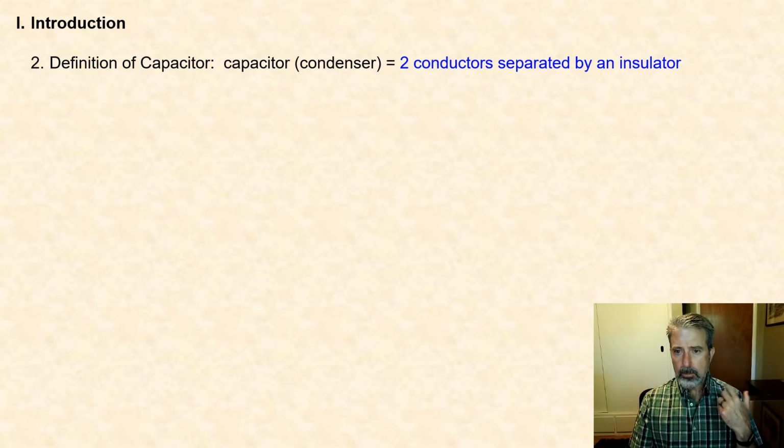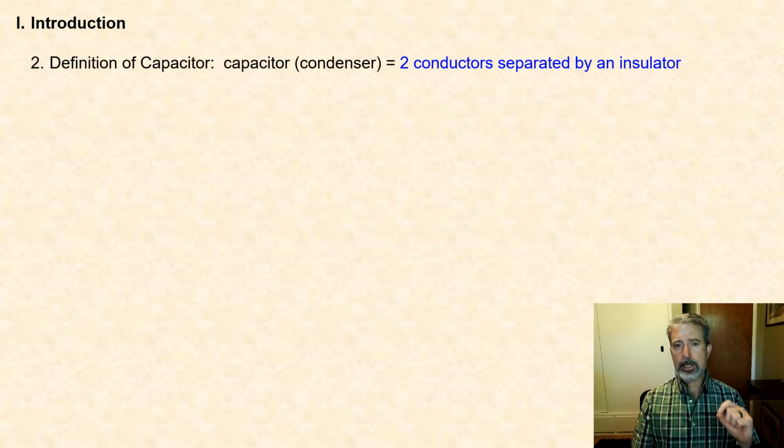In the most basic sense, a capacitor is nothing more than two conductors separated by an insulator, and we'll see later in today's presentation that we call this insulator a dielectric.